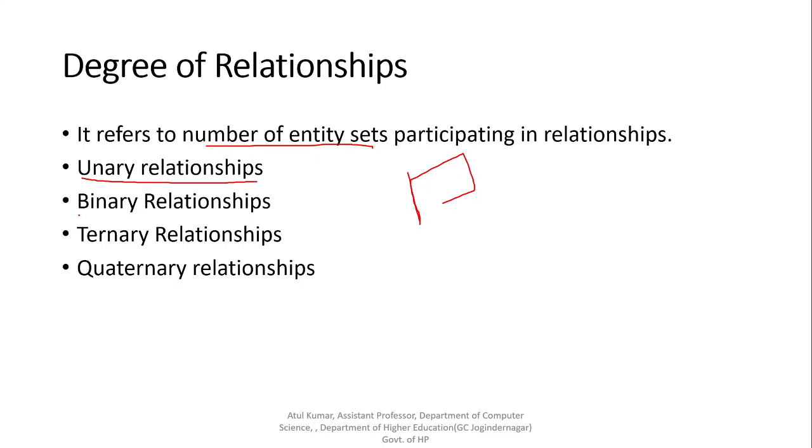If the number of entities participating is 2, then it is binary. If 3, then it is ternary, and if 4, then it is a quaternary relationship. So there are 4 types of degree of relationship: unary, binary, ternary, and quaternary, based on how many entities are participating in the relationship.